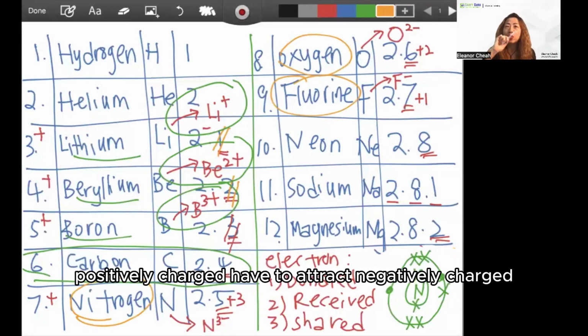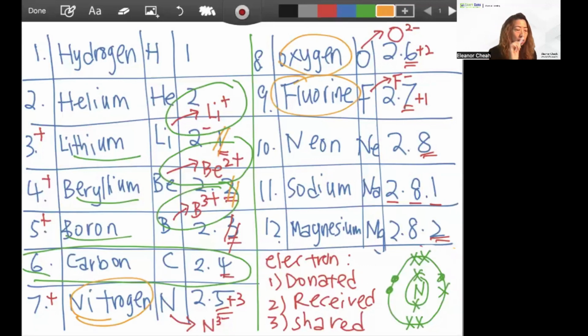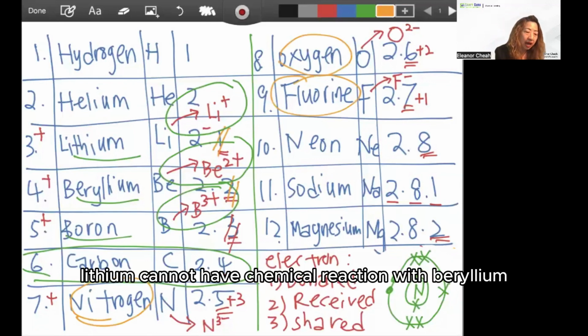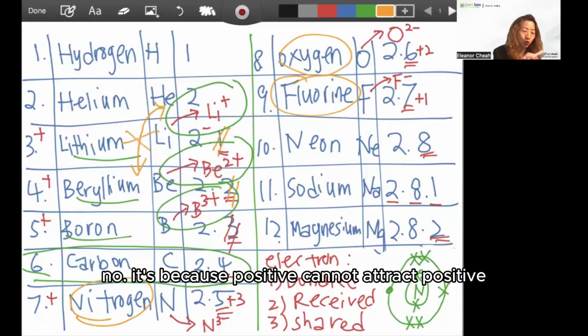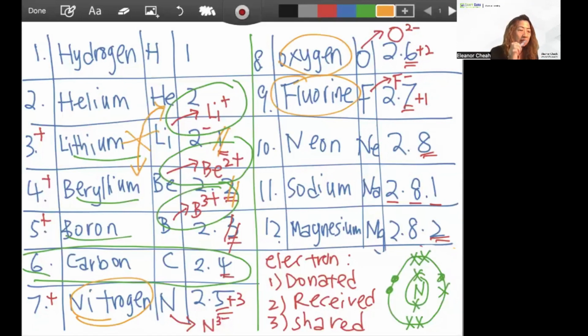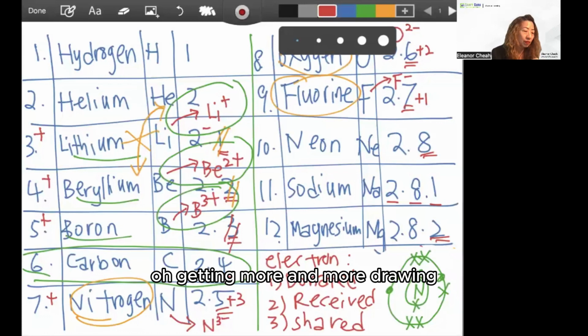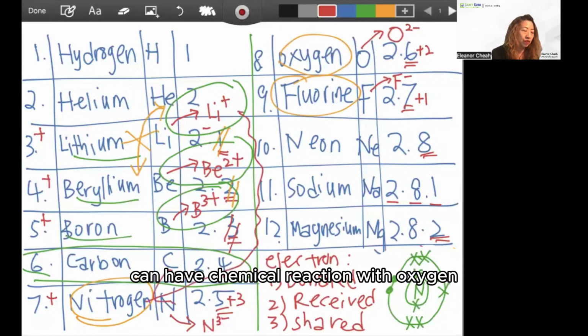Positively charged has to attract negatively charged. This means lithium cannot have a chemical reaction with beryllium. No, because positive cannot attract positive. Lithium can react with nitrogen. Oh, getting more and more drawing. It can have a chemical reaction with oxygen, and with fluorine.